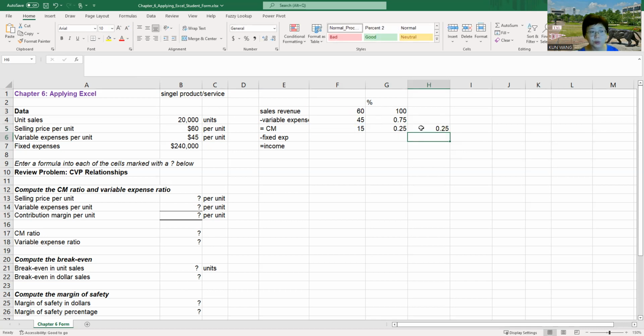So these two ways to work out the CM ratio are equivalent to each other. So this is on a per unit basis. Make sense? And then we can easily transfer the calculation to here, but here is my workout procedure.